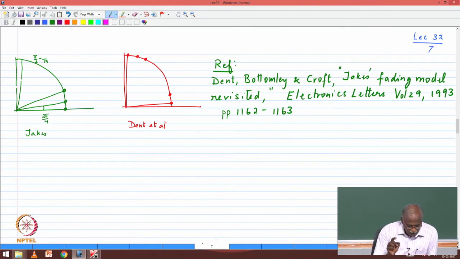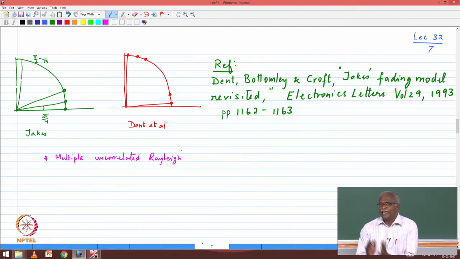A quick observation: very often we want to generate multiple uncorrelated Rayleigh fading waveforms, or coefficients. And we will see today in a few minutes why these multiple Rayleigh coefficients are being generated.